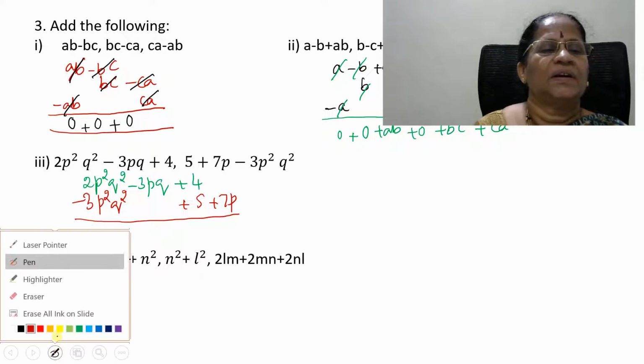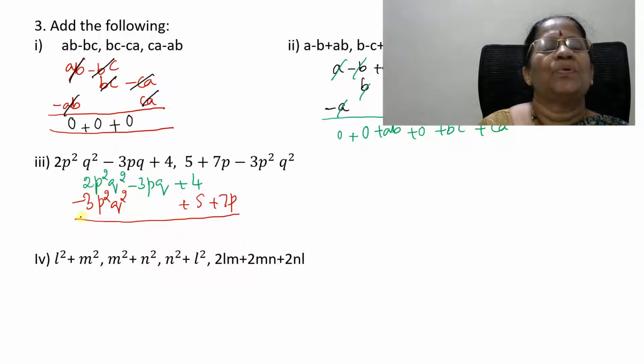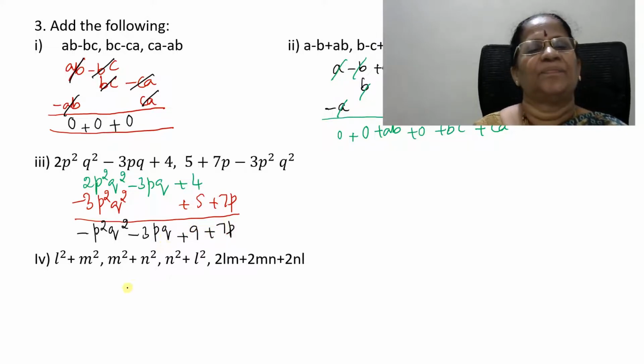Okay, the answer is plus 2 minus 3 is minus p square q square, minus 3pq plus 9 plus 7p. I think it is clear.